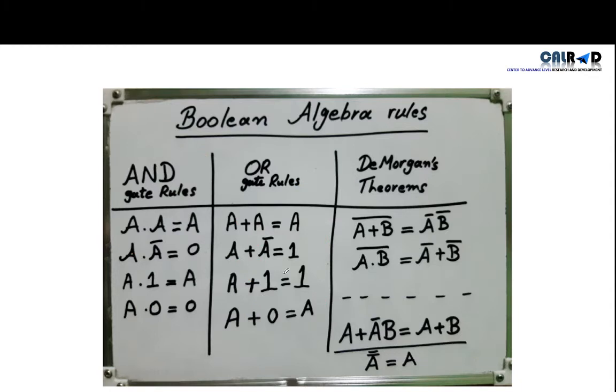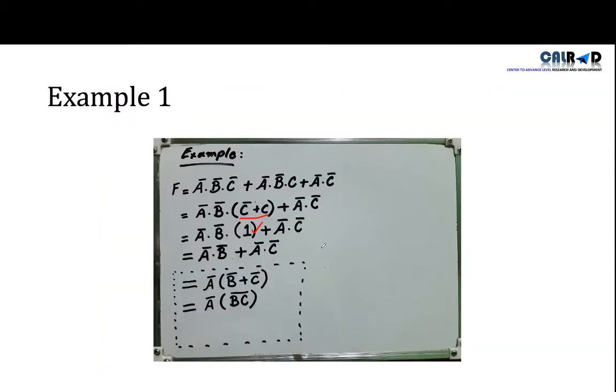So we are using this rule. According to our equation, this is OR gate rule number 2, so here we will write OR gate rule number 2.